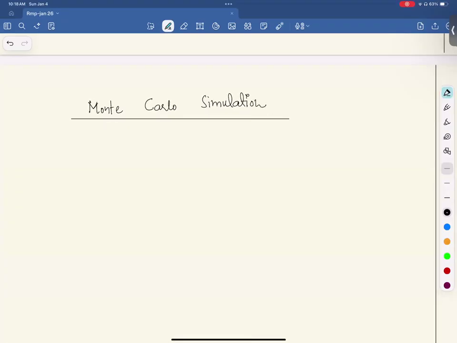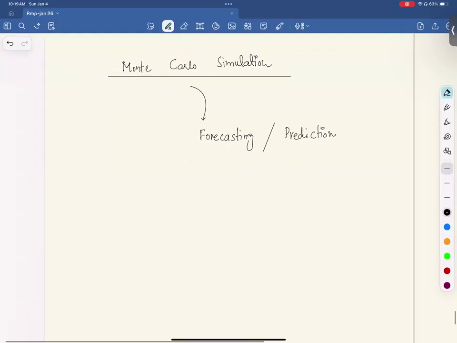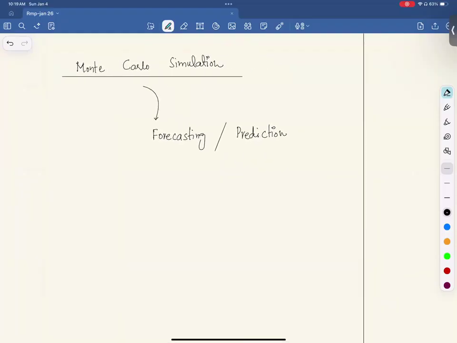Now, what is Monte Carlo simulation? Monte Carlo simulation, it's a forecasting tool. It is used for prediction, right? Predictions. For example, let's say you're not sure about your total project budget.